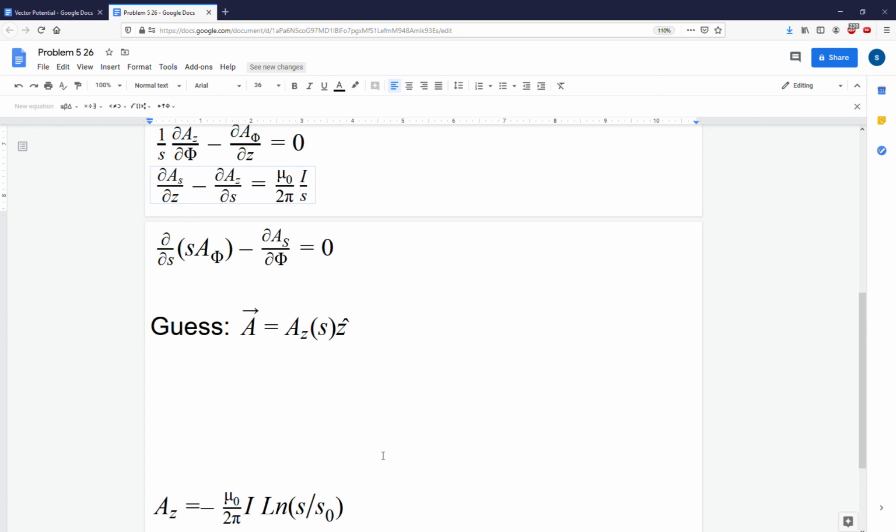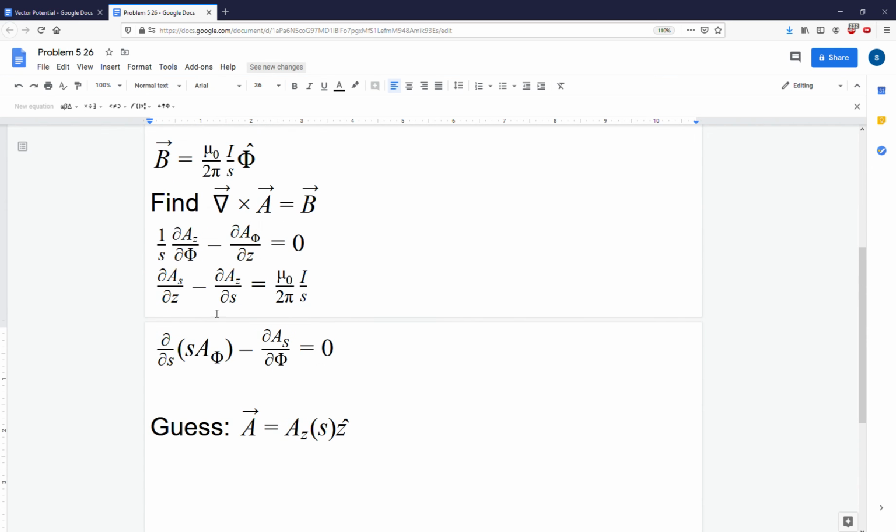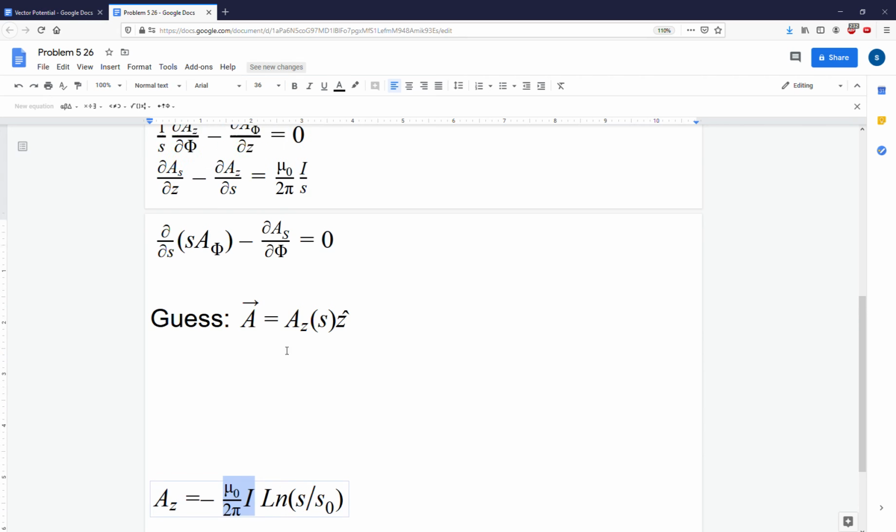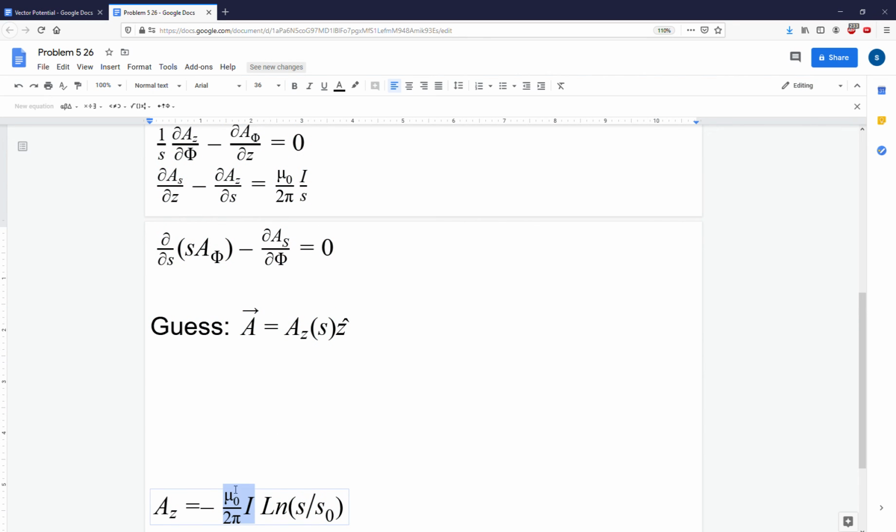It is just some point where I set the potential equal to 0. And the constant that I need is Az equal to negative mu naught over 2 pi I. All of this is constant, so it won't affect any of the other derivatives. And if you take the derivative with respect to S, it becomes 1 over S times this, and there's a negative there, so that cancels with that negative there, and it works.